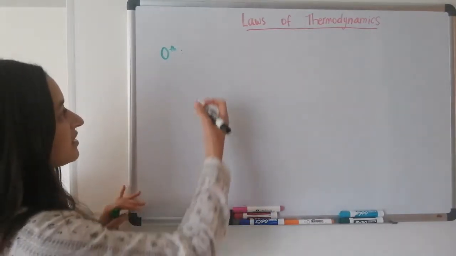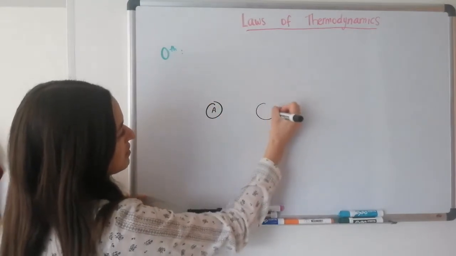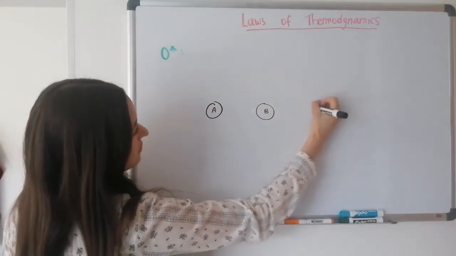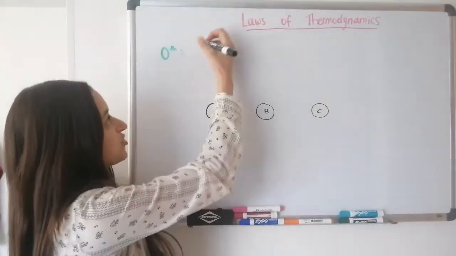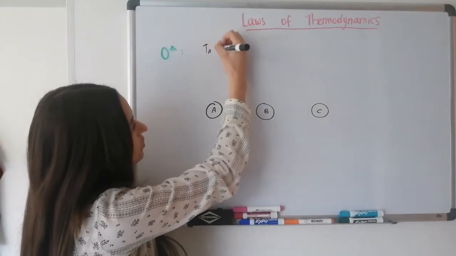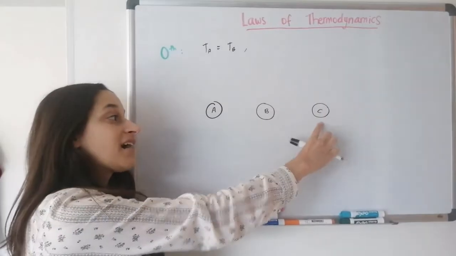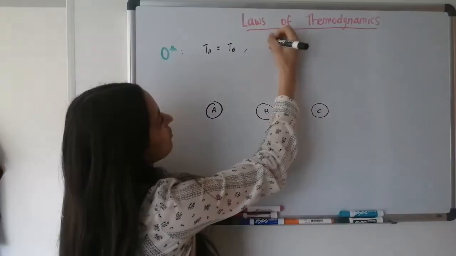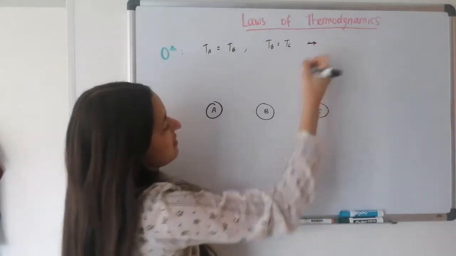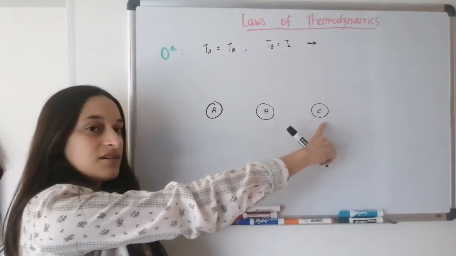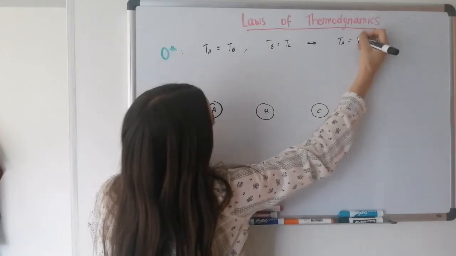What it says basically is that if you have an object A and an object B and an object C, whatever they are, and object A and object B have the same temperature, so the temperature of A is equal to the temperature of B, and also B and C have the same temperature, so the temperature of B is equal to the temperature of C, that means that the temperature of A and C must also be the same. So the temperature of A is equal to the temperature of C.